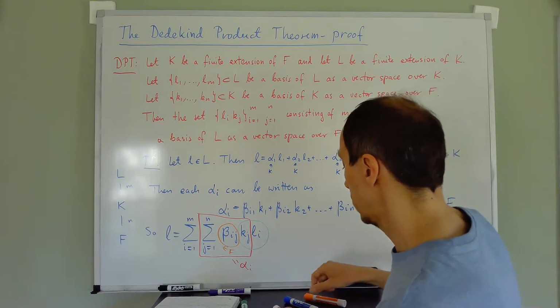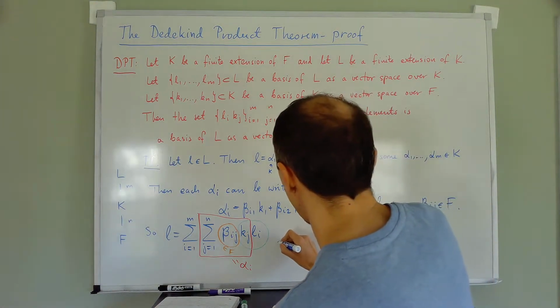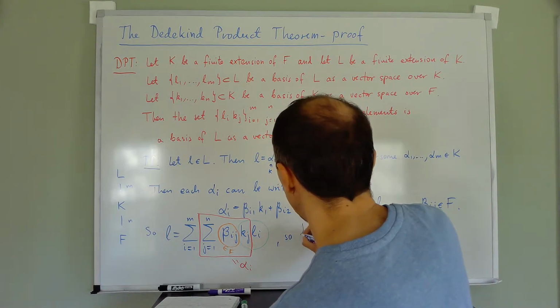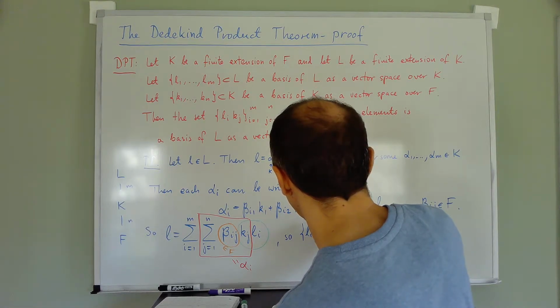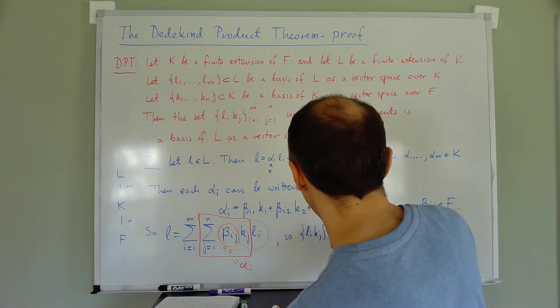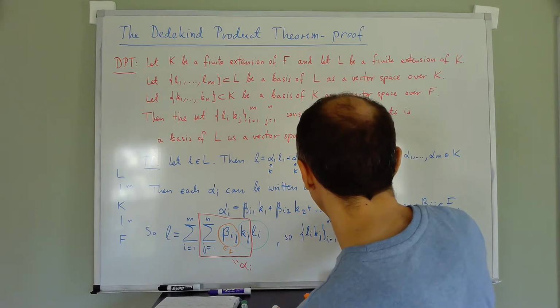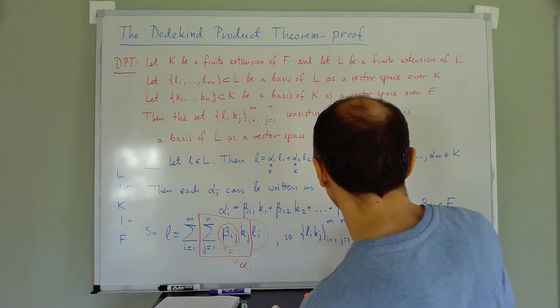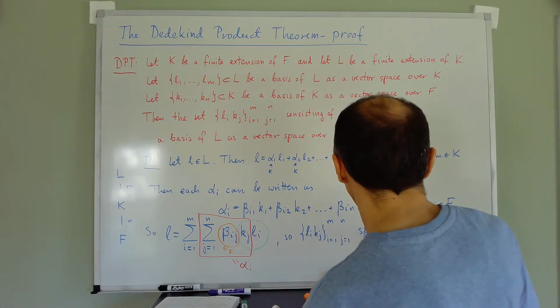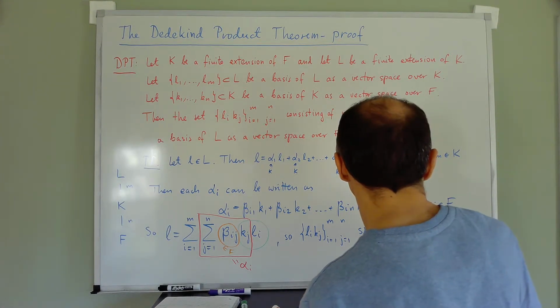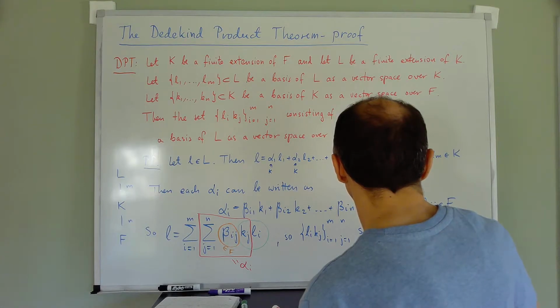So that means the products actually span L over F. So this set, likj, as i goes from 1 to m and j goes from 1 to n, spans L as a vector space over F.